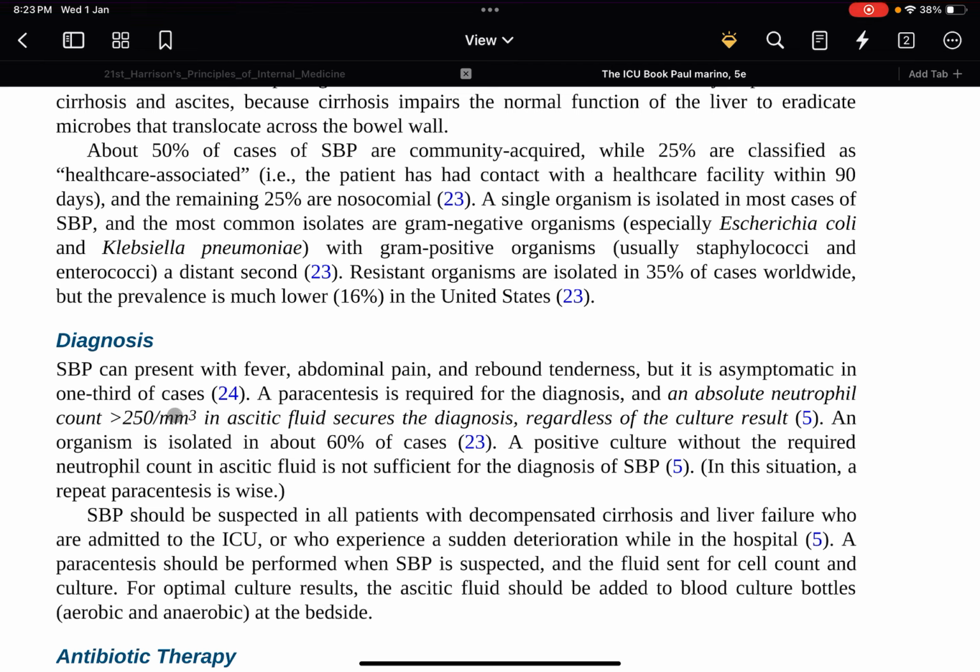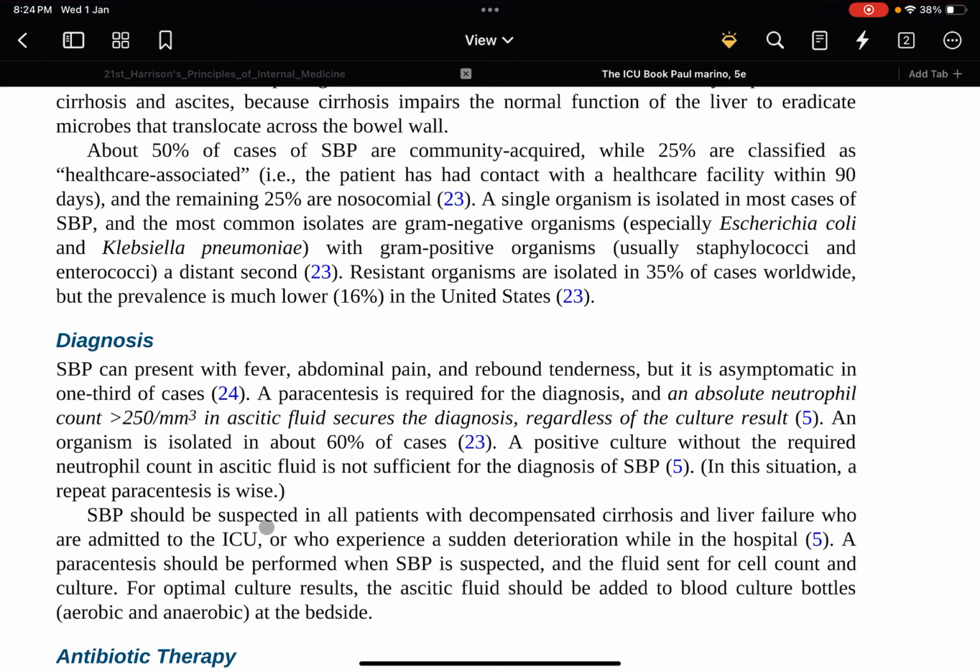So the diagnosis needs clinical features of fever, abdominal pain and rebound tenderness, but one third of cases are asymptomatic. Paracentesis is required for diagnosis, and the absolute neutrophil count should be more than 250. Culture is not required in that case, but a positive culture without a sufficient neutrophil count is not diagnostic.